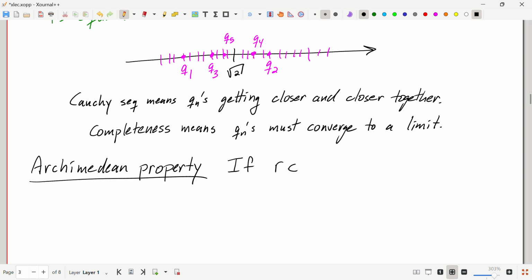If r is a real number, then there's a positive integer bigger. There is an n, a natural number, with n bigger than or equal to r.